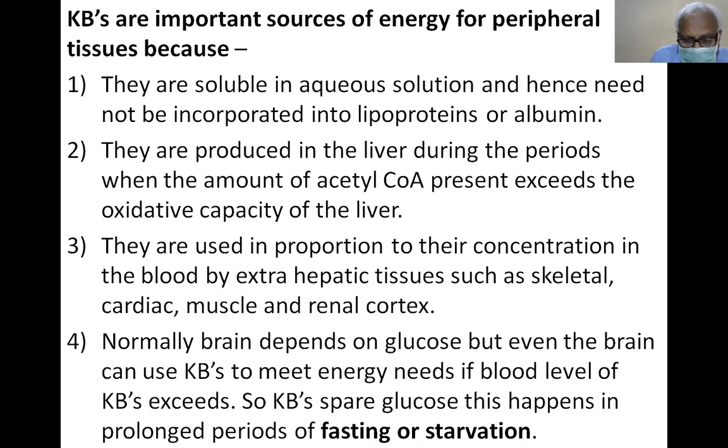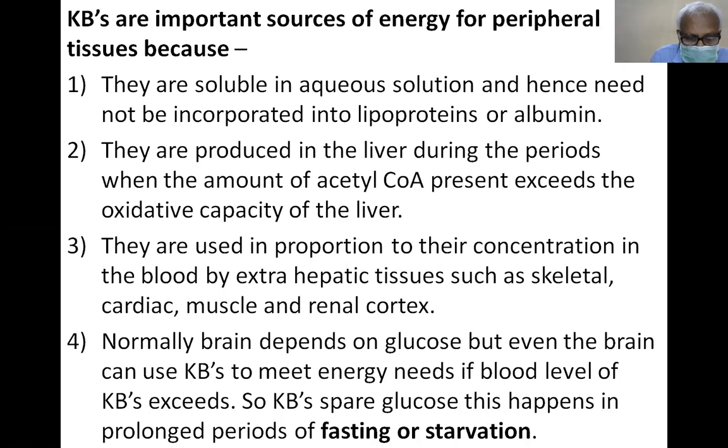So he fasted for a period of 51 days, and by that time all the ketone bodies entered the blood, and as far as the brain, kidney, skeletal muscle and cardiac muscle can utilize them, it's okay.